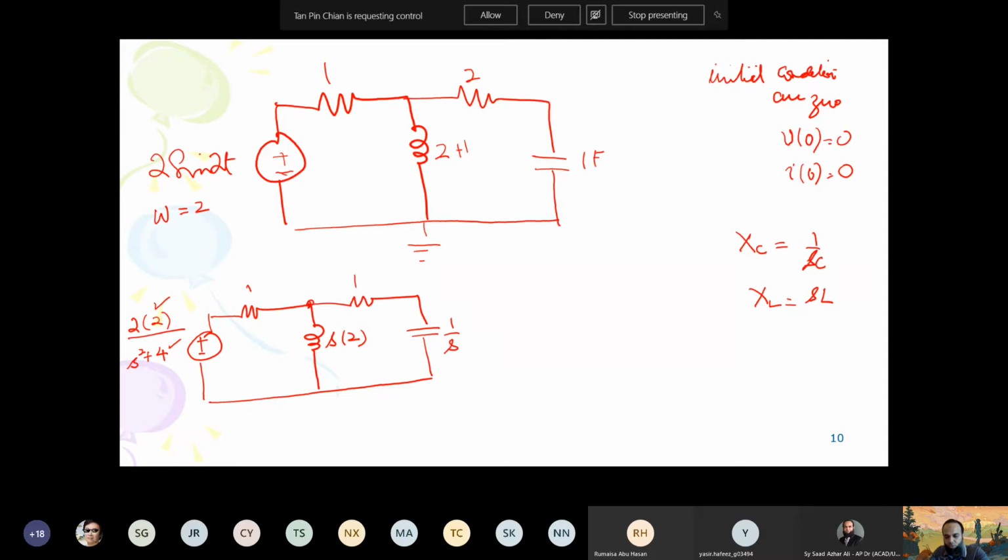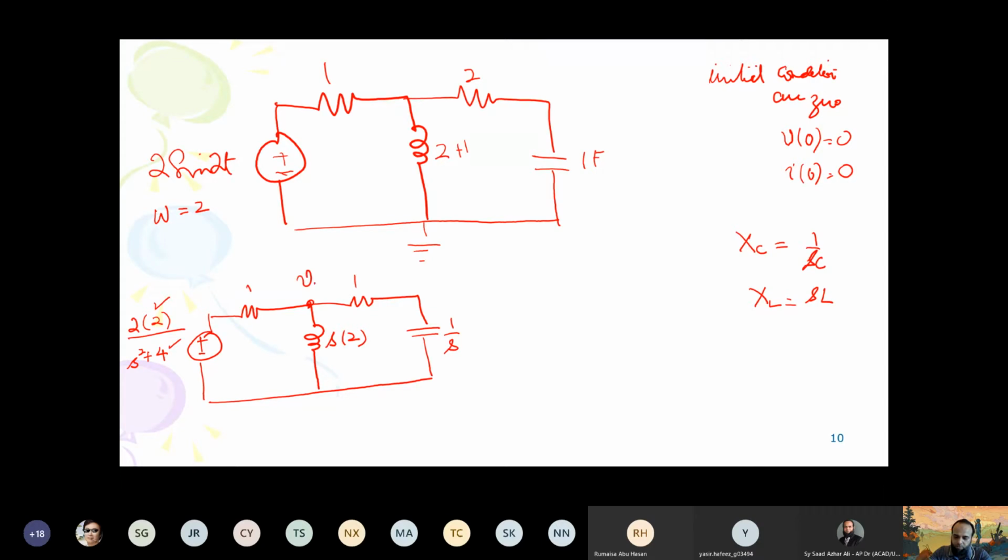We can apply nodal analysis in this case very simply. So let's call this V1 maybe.